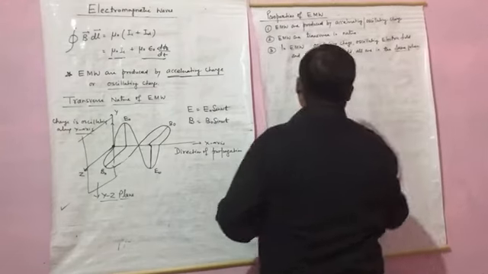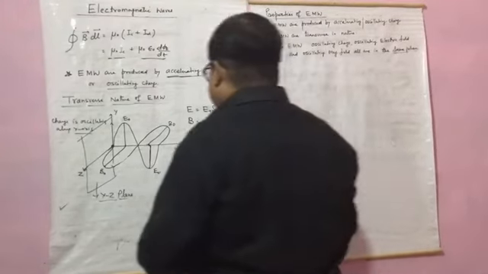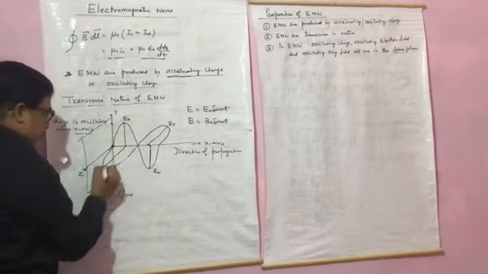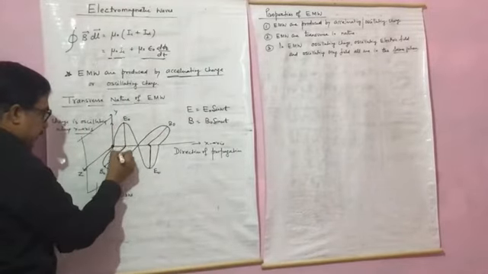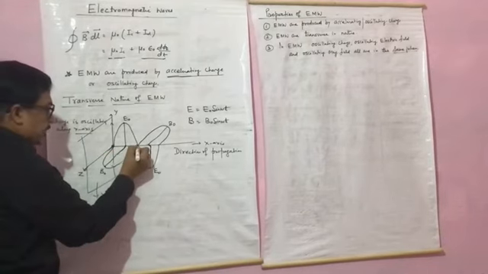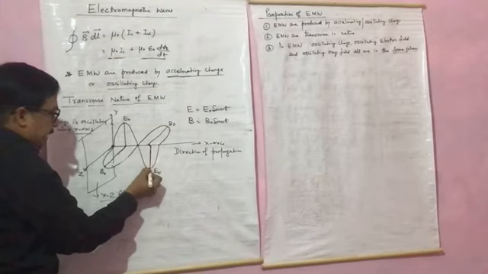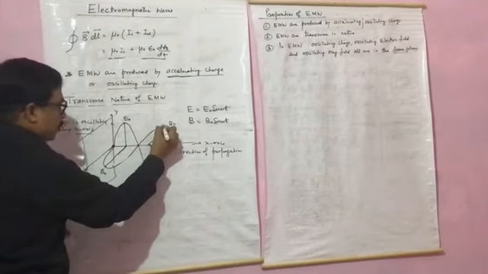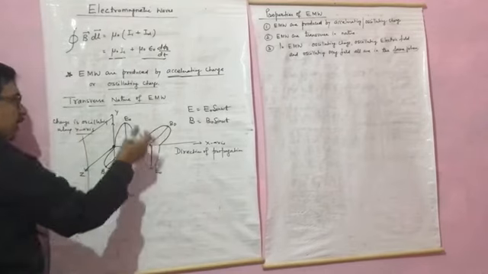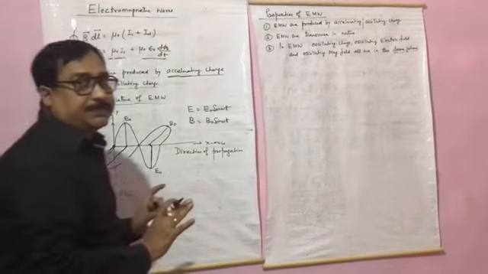I think this is easy to understand. When the electric field reaches its maximum, the magnetic field also reaches its maximum. When electric field reaches its zero, the magnetic field also reaches its zero. When electric field reaches negative maximum, the magnetic field also reaches its negative maximum. So if this is positive, then this is negative.